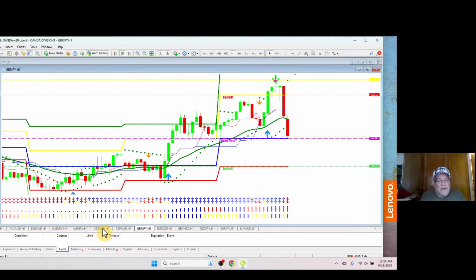The pound Aussie can be 50 or 60. The pound CAD can be 50 or 60. The pound yen can be 50 or 60. The Euro New Zealand 50 or 60. The pound New Zealand 50 or 60. The New Zealand yen 40.